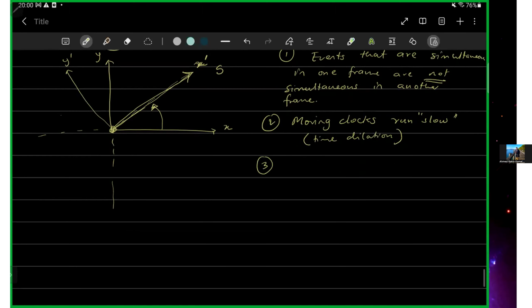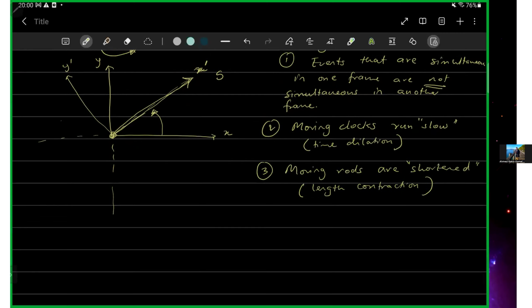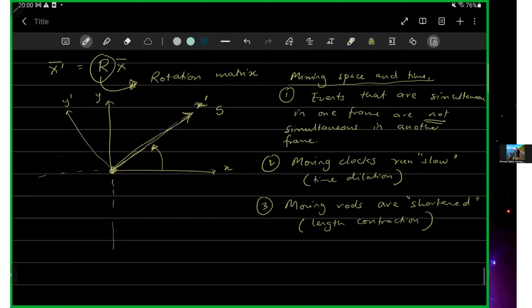And thirdly, you have moving rods are shortened, which is also called length contraction. So these are the three implications that special relativity gives you because of this particular thing, mixing space and time via Lorentz transformations. Okay.